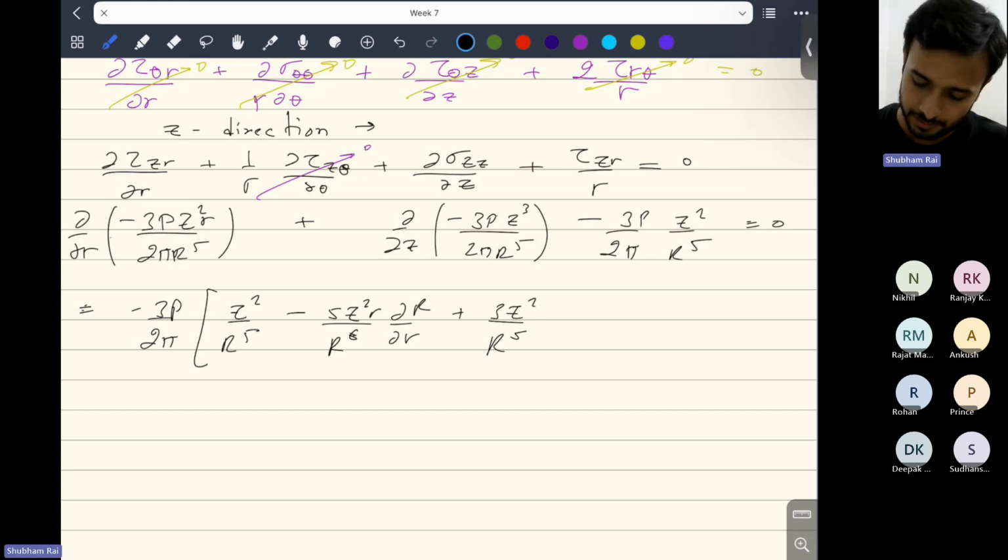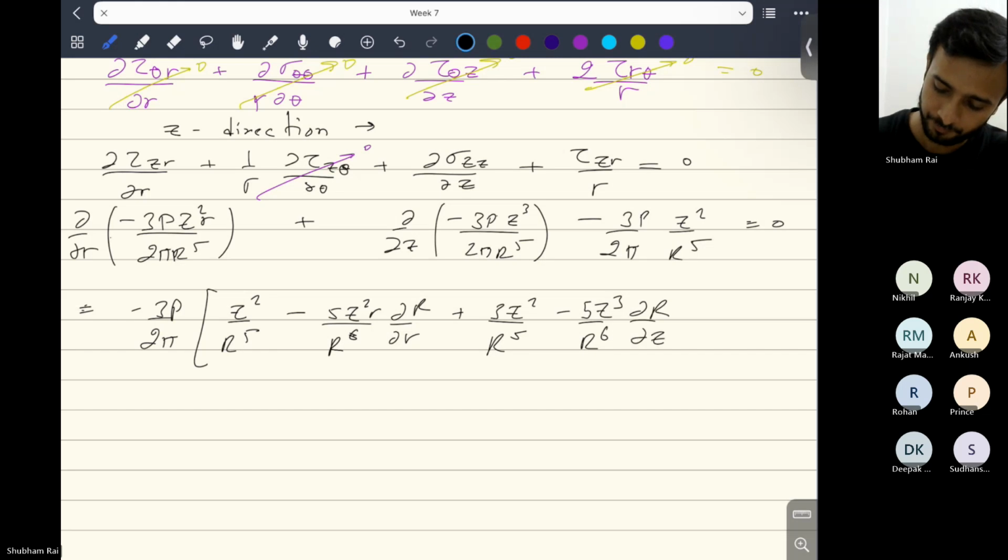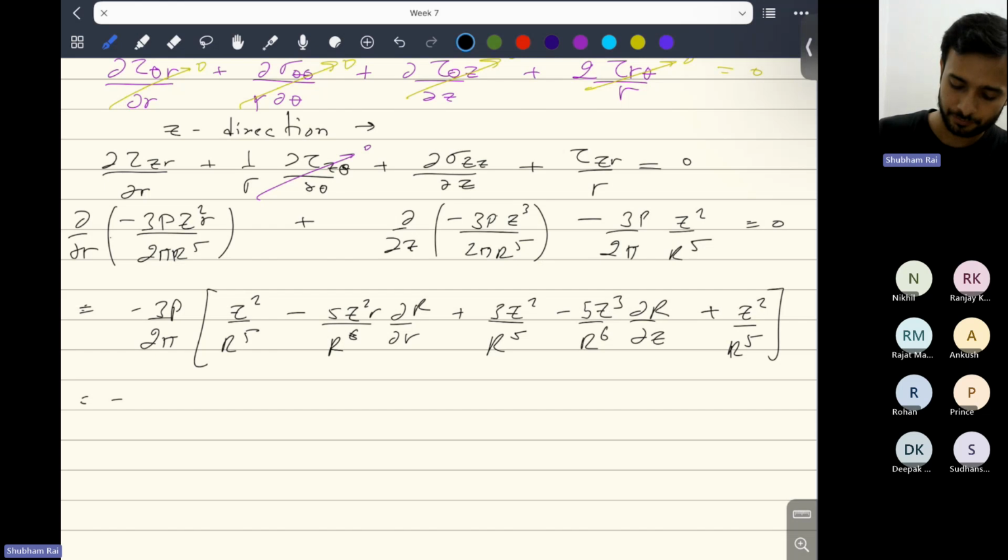And then you differentiate, r is z, so this will be minus of 5 z cube over R6 and del of capital R over del z. And then again you have plus of, because minus 3p over 2 pi is common, z square over capital R to the power 5, right?